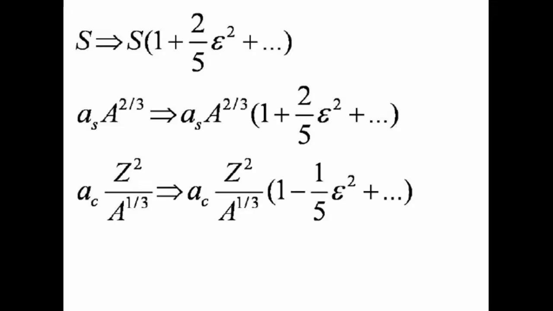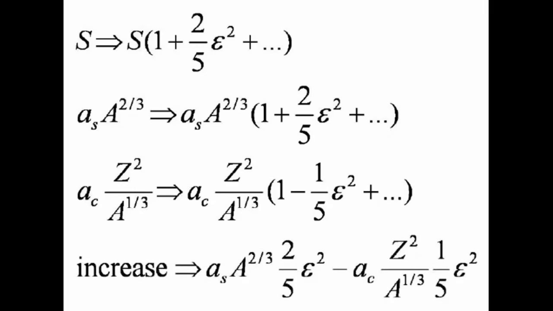So, the net increase should become negative if you do not want any barrier. So, net increase will be equal to A s A 2 by 3 times 2 by 5 epsilon square, this is the increase, and then minus this A c z square by A 1 by 3 and times 1 by 5 epsilon square. Okay.